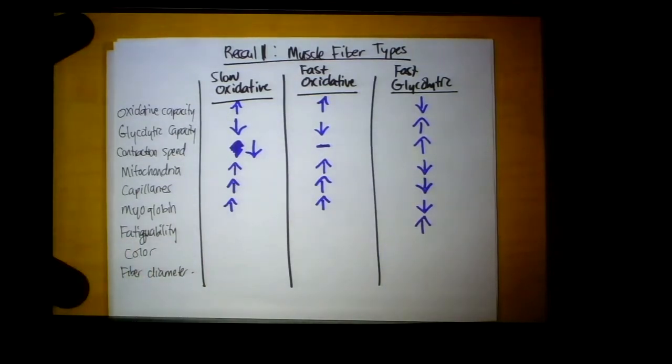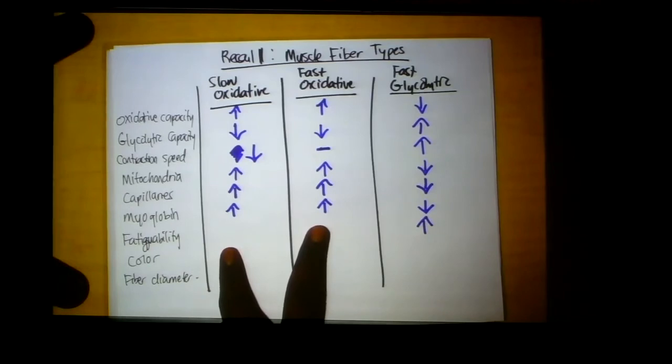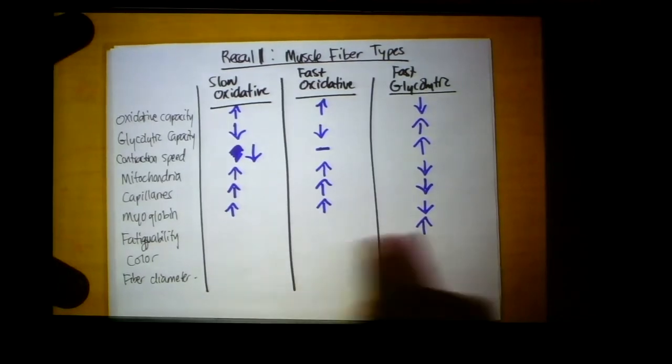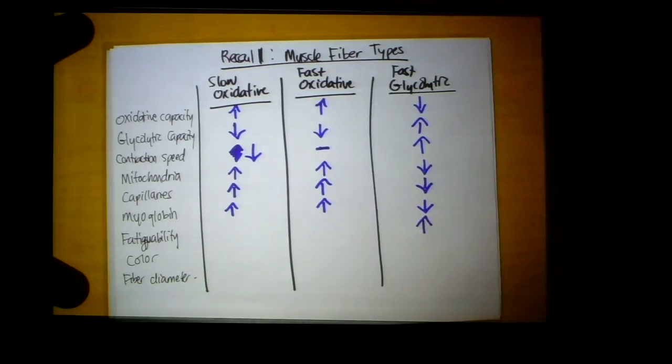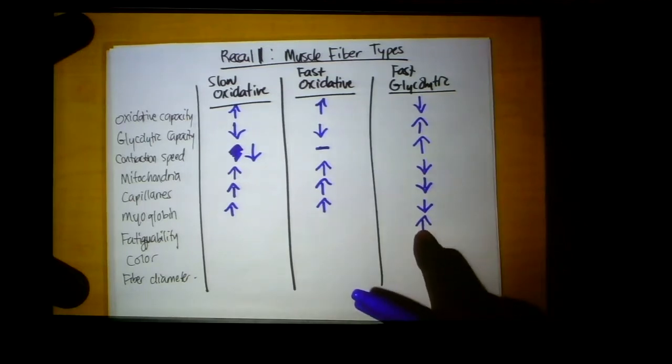One, because anaerobic glycolysis does not produce as efficient a source of ATP as oxidative phosphorylation. And then what was the second factor that contributed to fatigability with these types of fibers? The production of what? Lactic acid, right? Lactic acid. So we have a high fatigability or a decreased resistance to fatigue. So be careful with the wording there. You'll see that worded two different ways. A high fatigability, but a decreased resistance to fatigue.